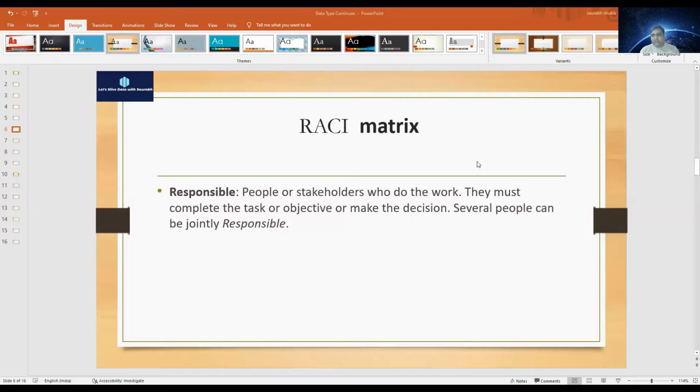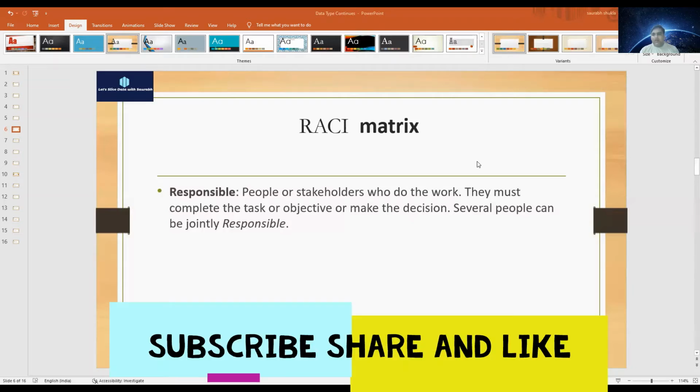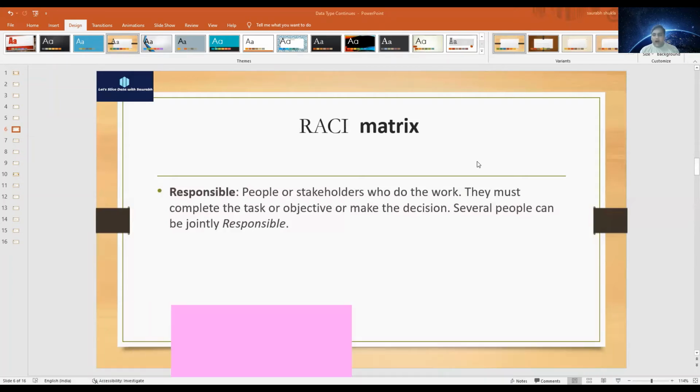Now things have changed a bit in the IT industry, so several people can be jointly responsible. Like who promised a lot of things to the customer and the person who is delivering as well. So everybody is responsible. Just remember this. Who does the work? Manager, analyst, consultant, senior manager, reporting manager, the sales team, customers, clients, stakeholders, users, everybody is responsible for the success of the project. So this is a very important part, that is called R.